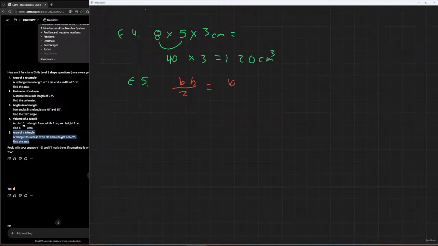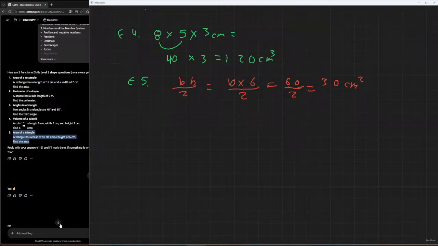We have 10 times 6 divided by 2. 10 times 6 is 60, divided by 2 is 30, and it's centimeters squared.